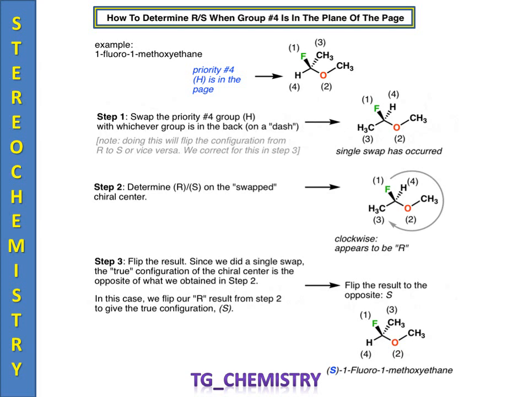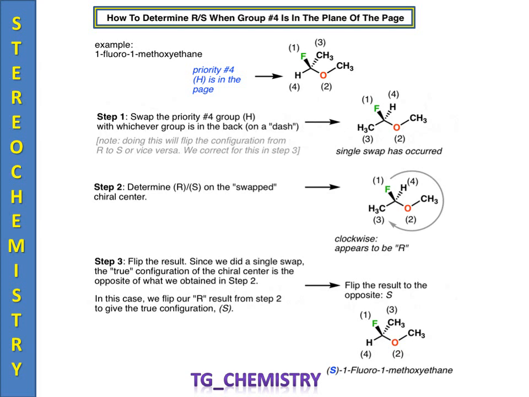First, we need to swap the fourth priority group hydrogen with whichever group is in the back, denoted with the dash line. Here this is the methyl group. So we swap the fourth priority group hydrogen with the methyl group first. With the single swap, we get the version you can see after step 1.